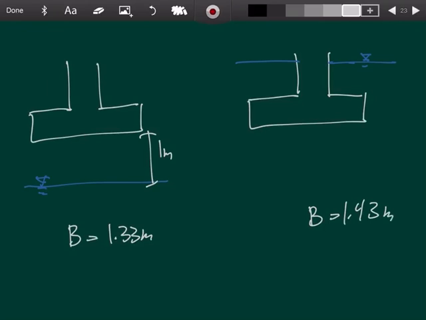Kapag kasi, ang ating footing ay exposed sa groundwater, class, malaki kasi yung tendency niya ng uplift, 'di ba? Kaya mas malaki yung kailangan niya na area, mas malaki yung kailangan niya na part ng pagdidistributan niya ng load. Kaya yung B natin dito is 1.33 and yung B natin naman pag umangat yung water table natin is 1.43.